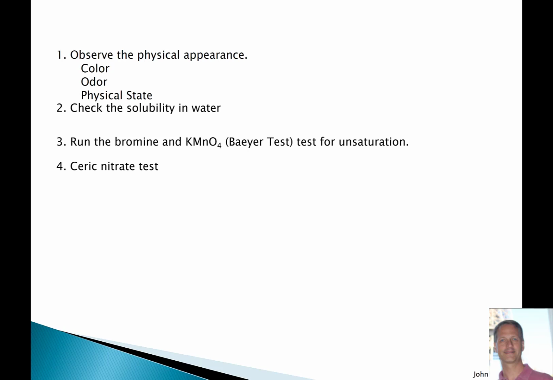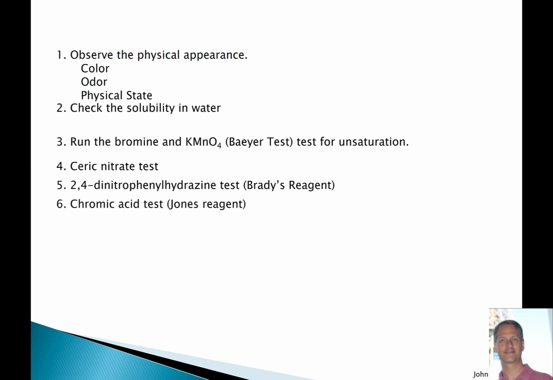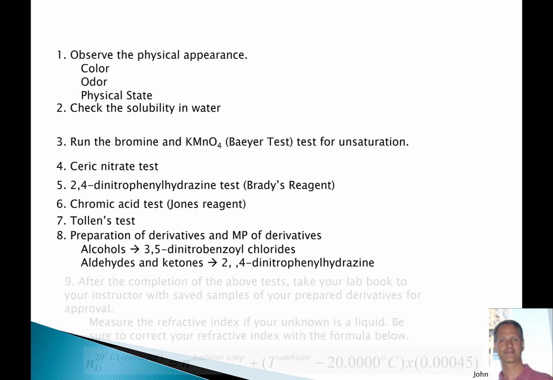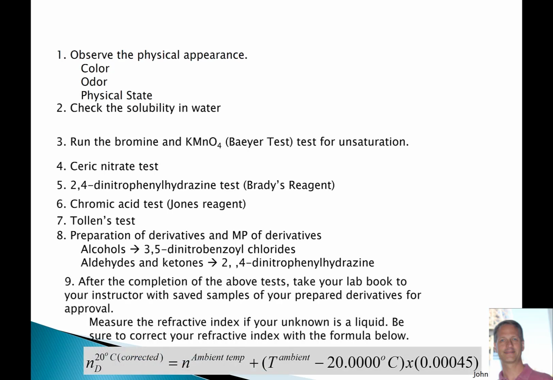We're going to use ceric nitrate, 2,4-dinitrophenylhydrazine, also known as Brady's reagent, chromic acid, or the Jones reagent. We'll do the Tollen's test, and then we will prepare derivatives and take melting points of the products of those derivatives. Lastly, we will determine what the refractive index is of our compound.